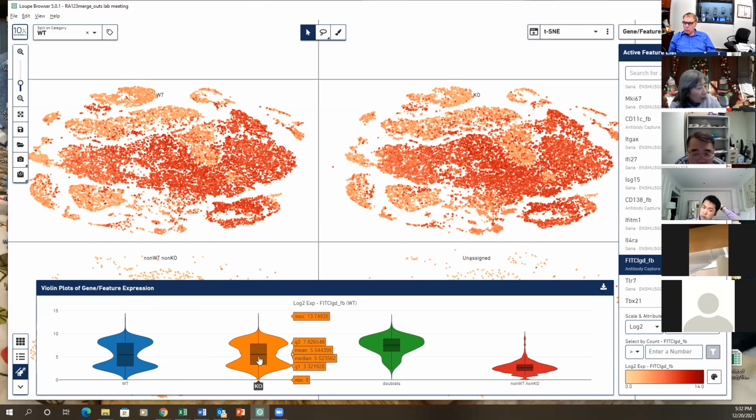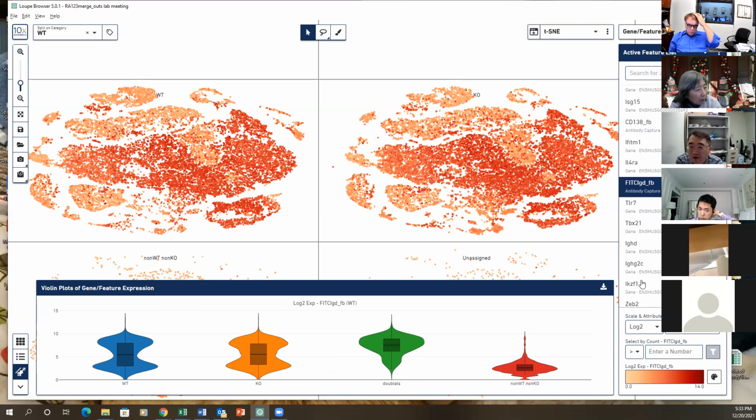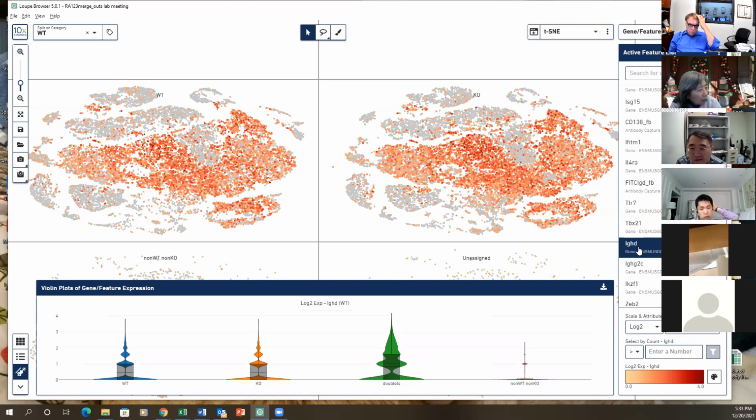The knockout has higher protein level for many genes, not much, just a little bit, but the p-value is very significant for all the CiteSeq proteins we looked at. The gene we don't see difference, but for protein we see difference.